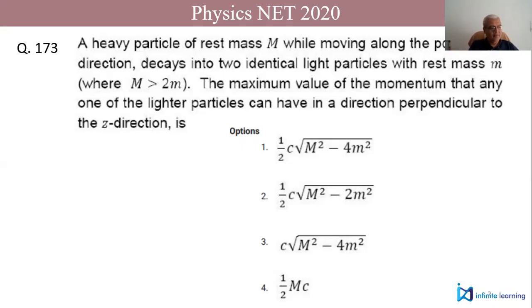When we go for the perpendicular to the z direction according to the question, then we could subtract, like m minus 2m, the whole square, something like that. So we get the m square and 4m square values in under root form.